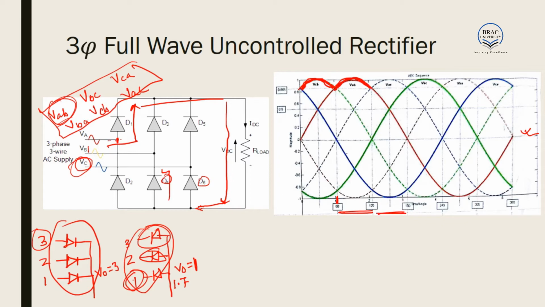From 120 degree to 180 degree, VAC has the highest value, so the output will follow VAC. Again from 180 degree to 240 degree, the output will follow VBC. So the output here will follow the highest value of the line to line voltages, and it will look something like this.